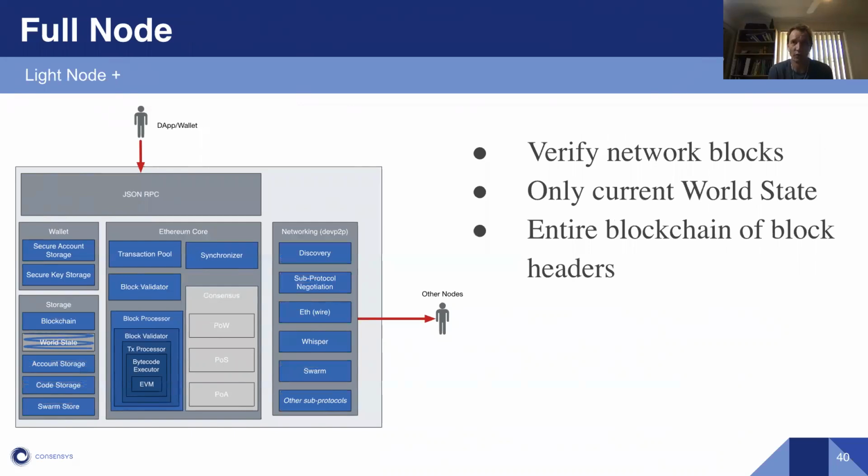And then a full node, in this world, it's going to verify blocks coming in from the network and maintain the current world state. So you can see that the world state is kind of a partial implementation, and it's probably not running any consensus mechanism. So it's depending on other nodes to do the work of the proof of work type implementation.